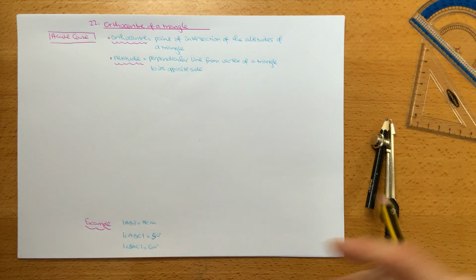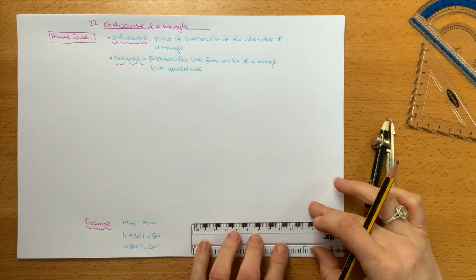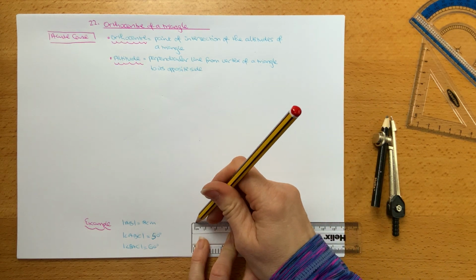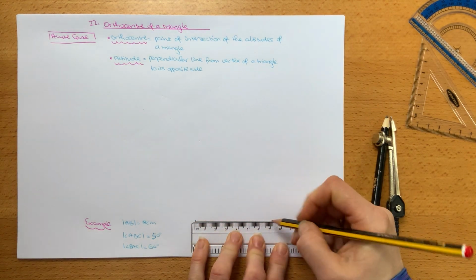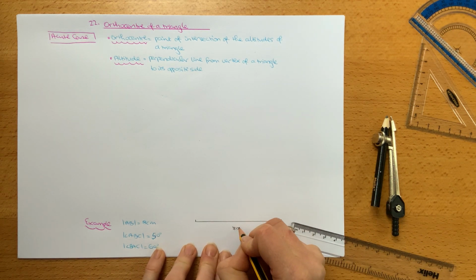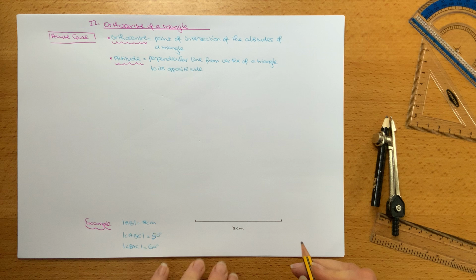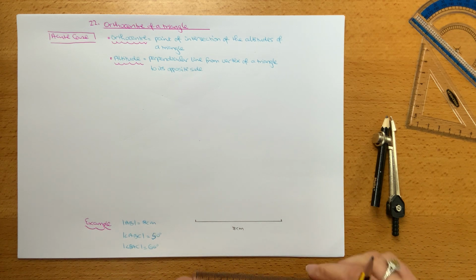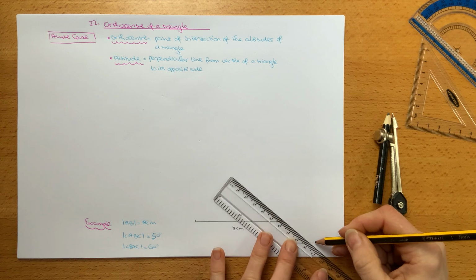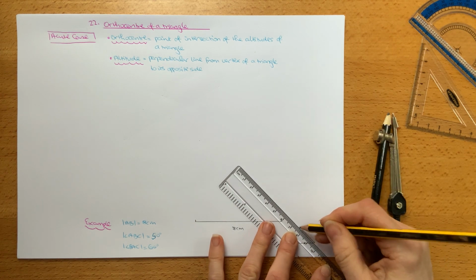So if we start by looking at the given dimensions, we have 8 centimeters in length, and if we were to do a rough sketch of our triangle, we can see we have 8 and we have 50 and 60.